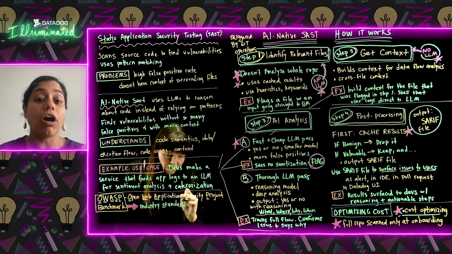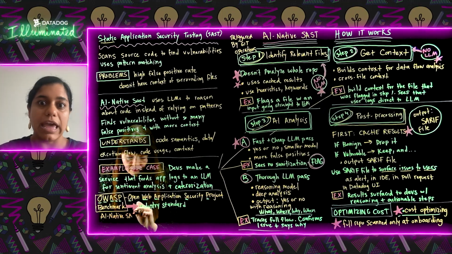And in our case, we run these benchmarks constantly, both on our existing SAST tool as well as our AI native SAST tool, and we look at competitors' benchmarks, all of that. What we found is that for our existing Datadog static analyzer compared to our AI native static analyzer, we saw a 50% increase in accuracy by moving to the AI native SAST.